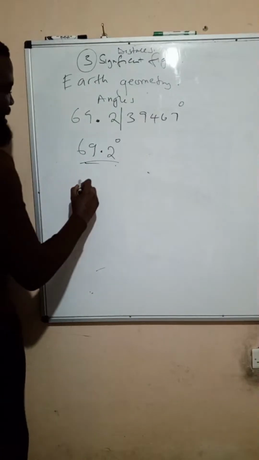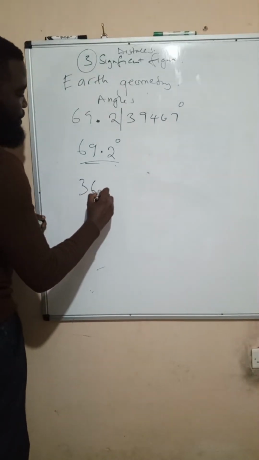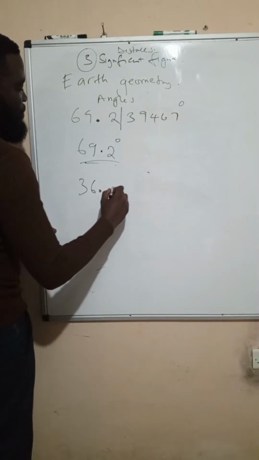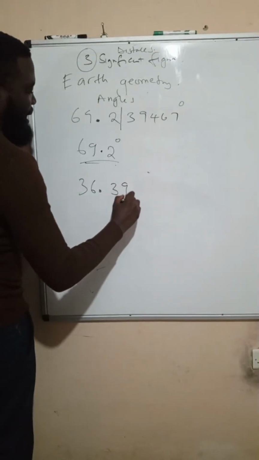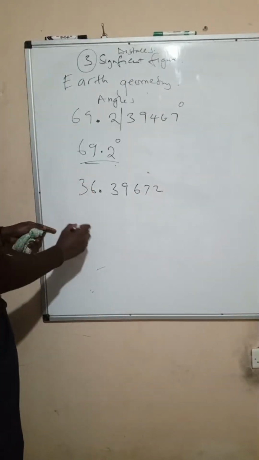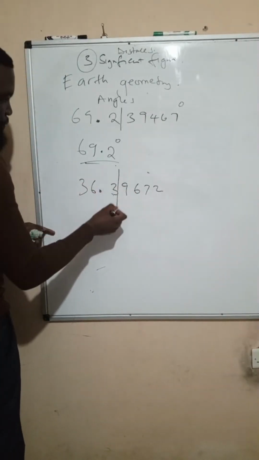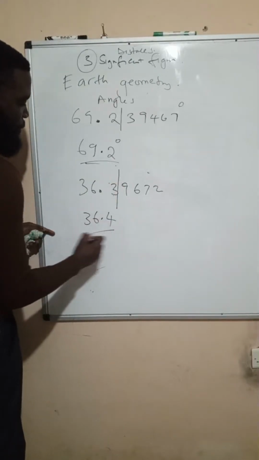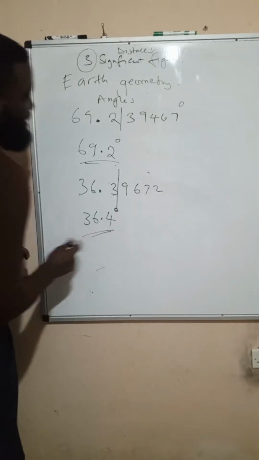So if your answer is 36.3967 and so on, 1 decimal place, you cut off from here, and add 1 to this one. 36.4 degrees. So that's what you do.